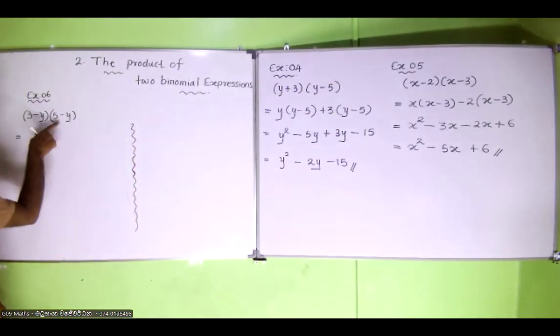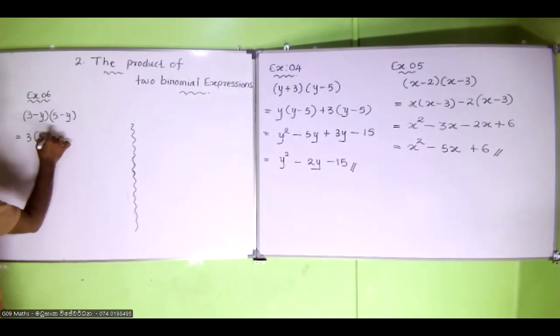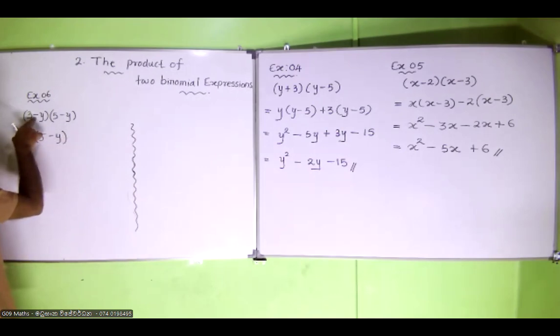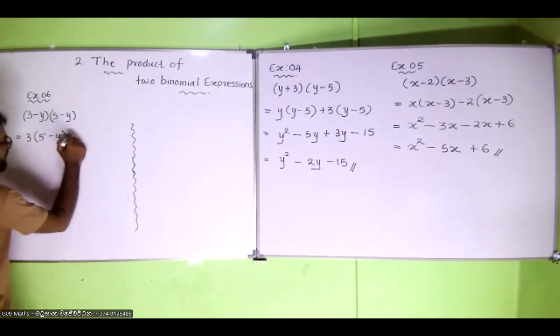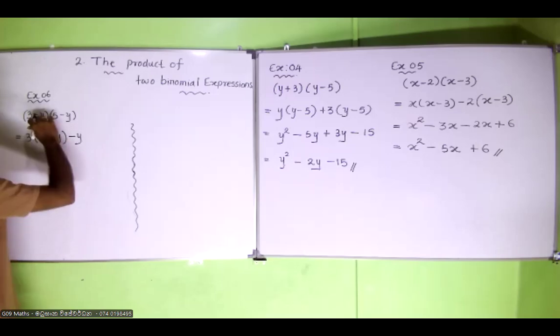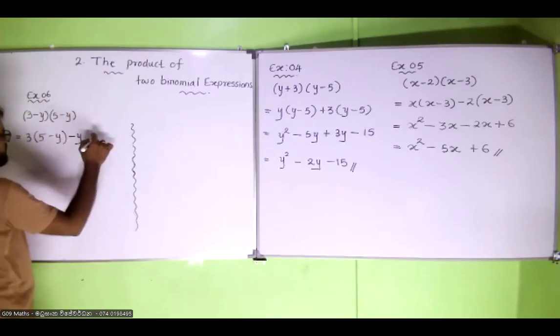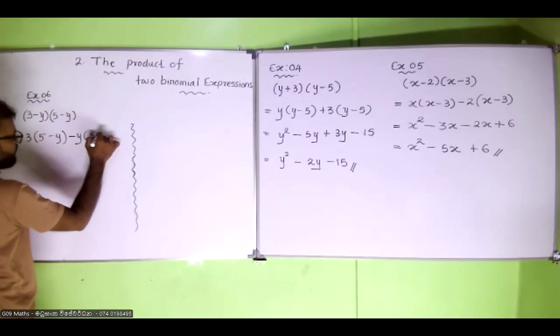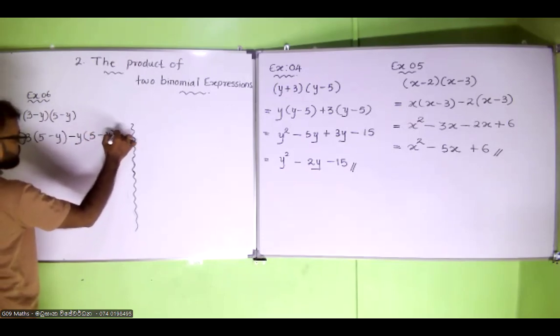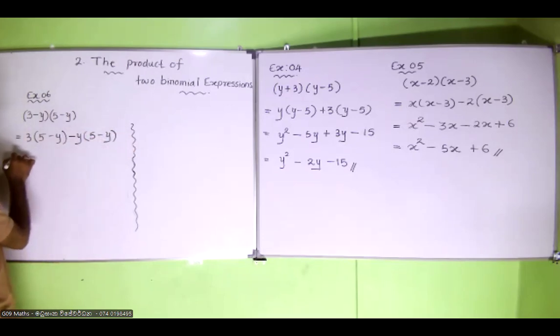3 times this. Positive 3 multiply 5 minus 5. Then negative y multiply this, 5 minus y. Then do what you know. Positive 3, positive 5.